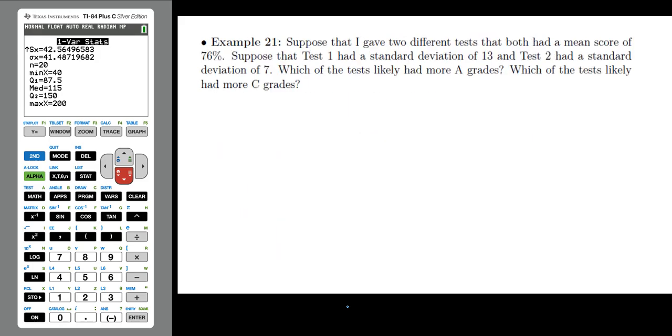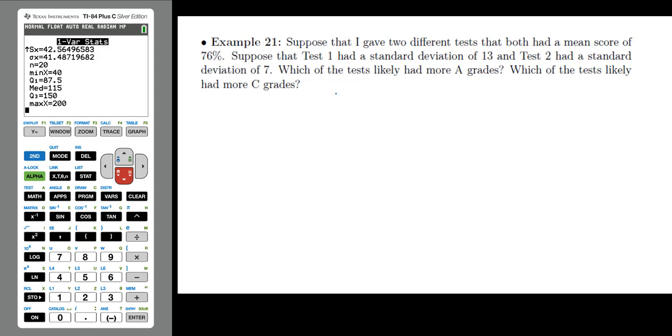All right, so now to provide some meaning to this idea of standard deviation, let's look at this example. It says, suppose that I gave two different tests that both had a mean score of 76%. Suppose that test 1 had a standard deviation of 13 and test 2 had a standard deviation of 7.